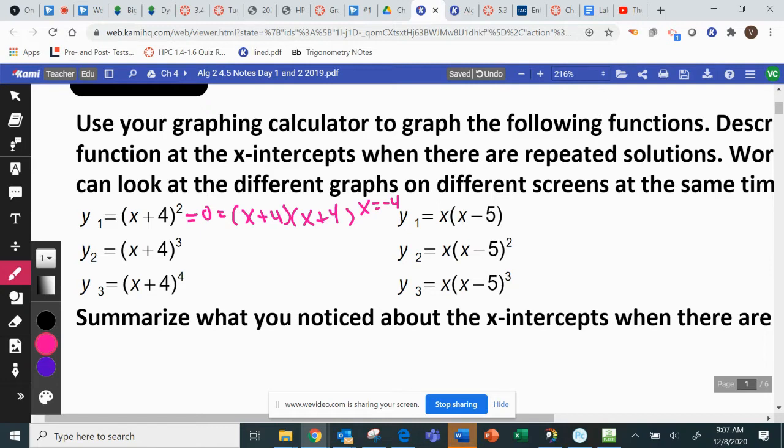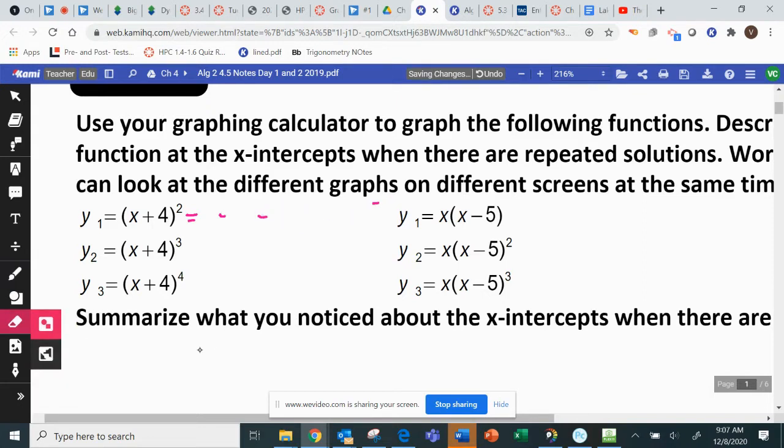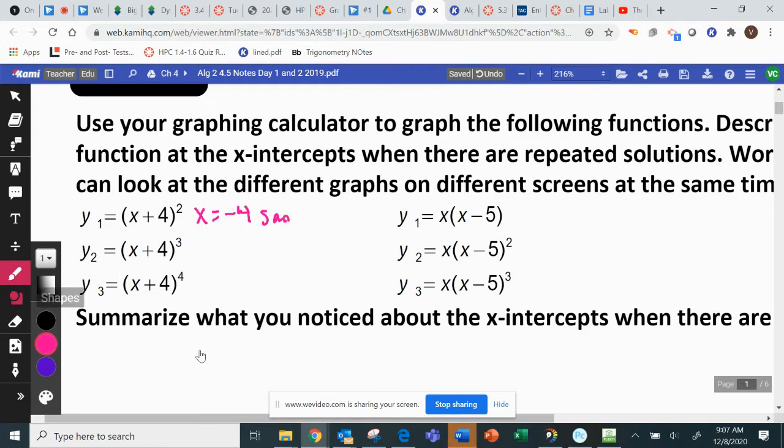Although, actually, we can. We can tell from the graph, and that's what we're learning today. So today, I'm going to write x equals -4 twice. Today, we're going to talk about repeated solutions.